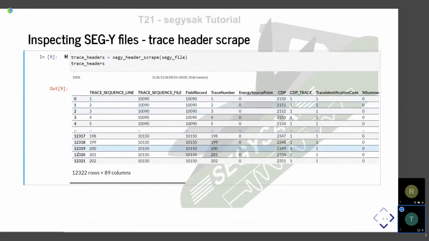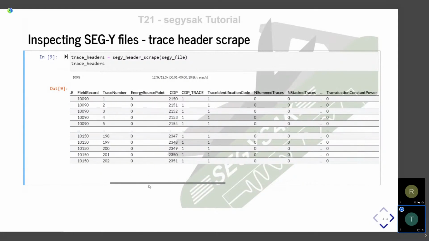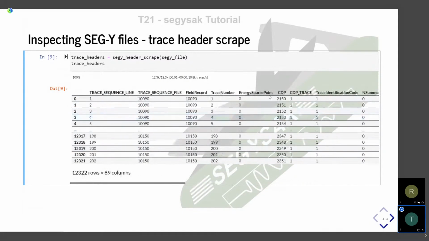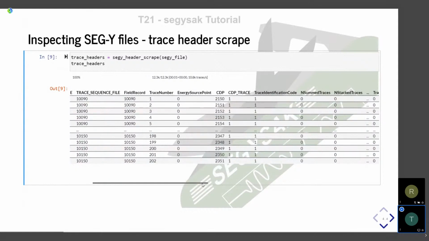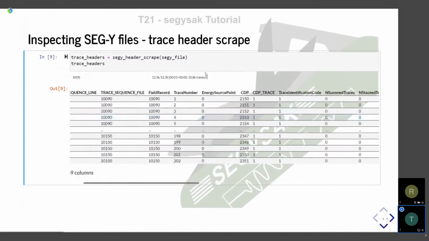In the index column, we've scanned 12,322 traces. We've got 89 different header locations, many of which are 0 again. But we can also see that we're populating those columns where data was present with the actual values, which is what we wanted.